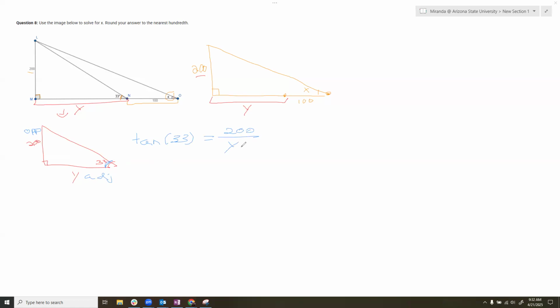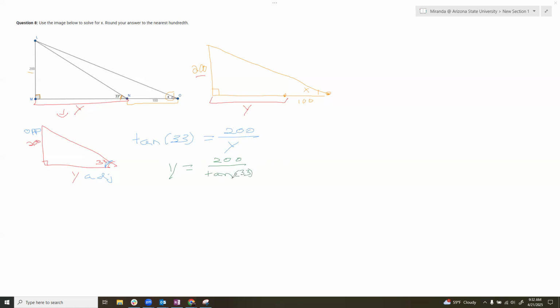We have to figure out what y is to apply it to the next step of our problem. So I can switch around to solve for y: y equals 200 divided by the tangent of 33.